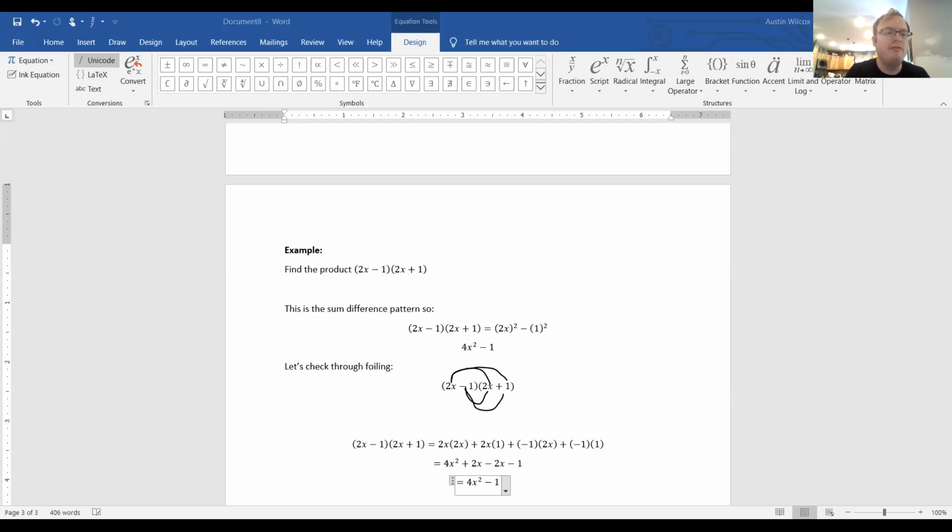Then I solve both of those equations. If r minus 1 is equal to 0, I add 1 to both sides and get r is equal to 1. For the other, my first step is to add 7 to both sides, so 7r is equal to 7. Then I divide by 7 on both sides, and I get r is equal to 1.